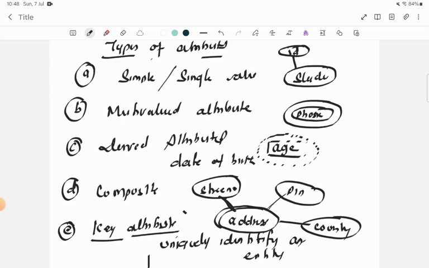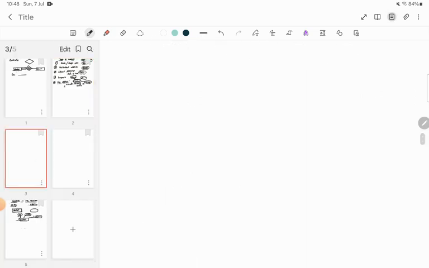This key attribute is represented by an oval with a dash inside it.